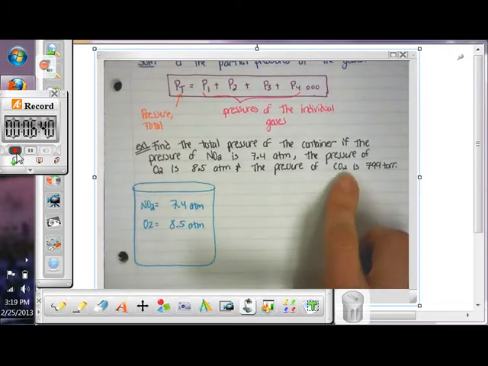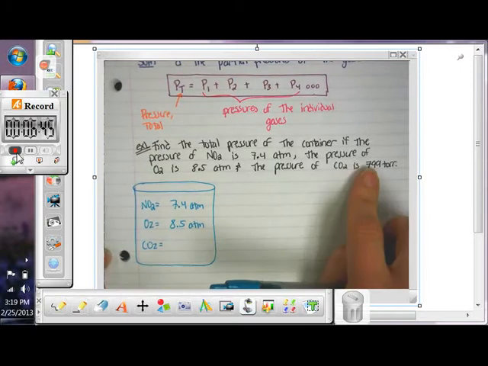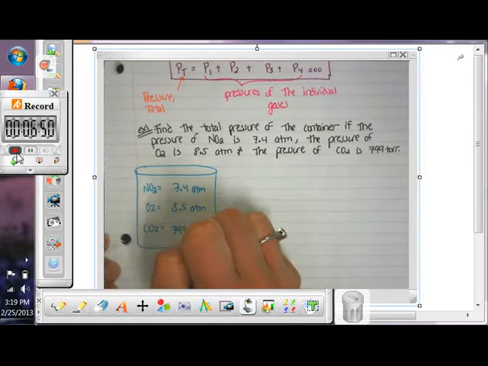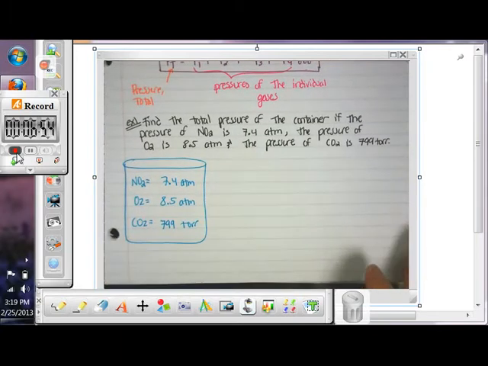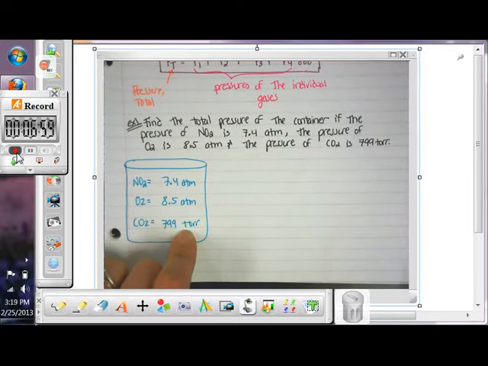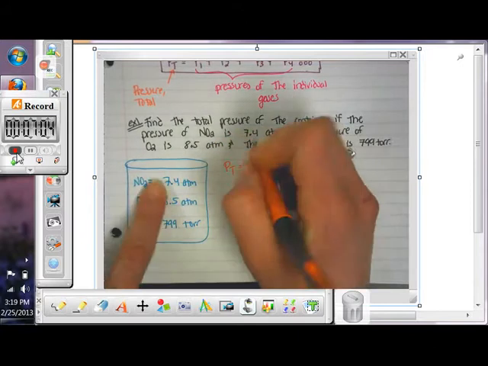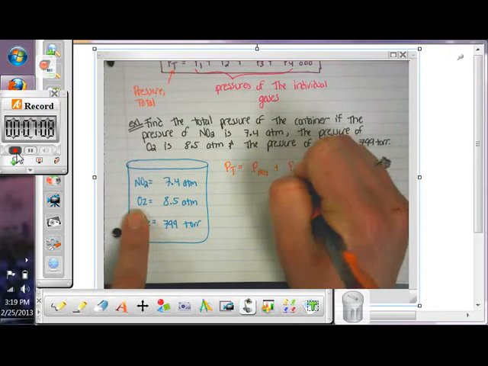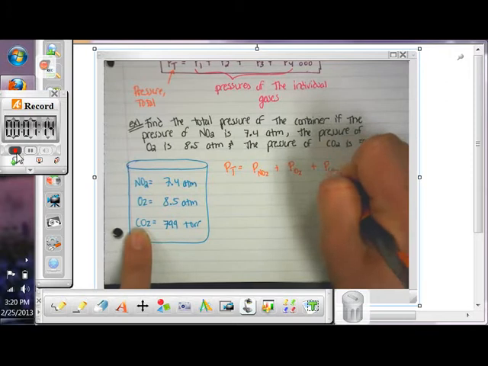Last but least, they tell me I've got carbon dioxide, and carbon dioxide's pressure is 799 torr.